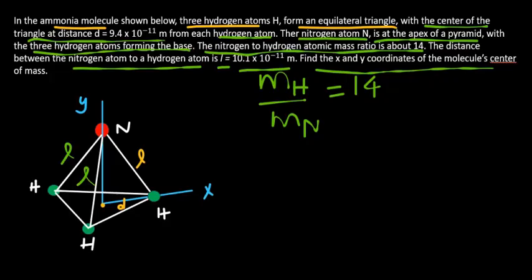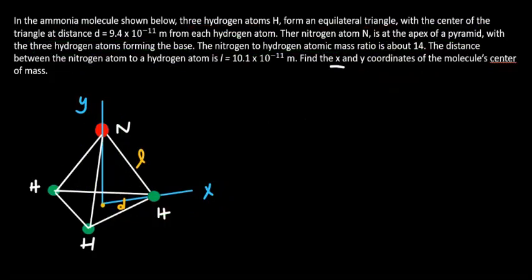Now, we have constructed the coordinate system, so that is the x-axis, and that is the y-axis. To determine the x-coordinate of the molecule's center of mass, let's redraw or resketch the base separately. So what you have is an equilateral triangle, like that. Hydrogen atoms at the corners, and the center is roughly there.